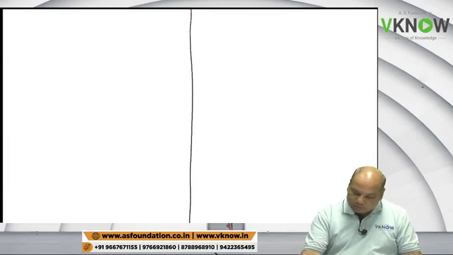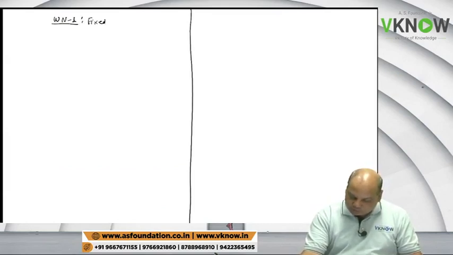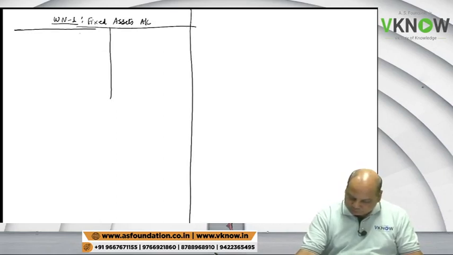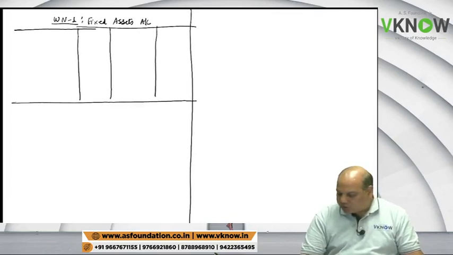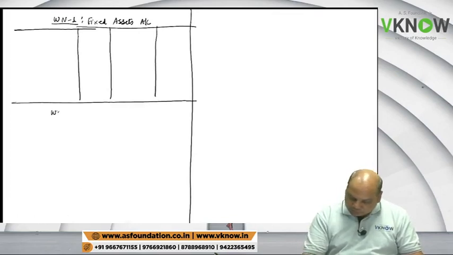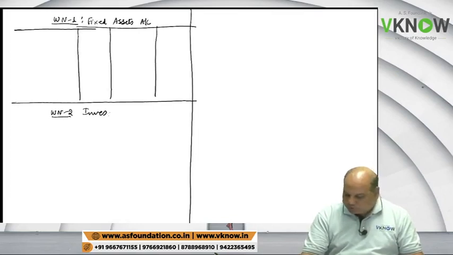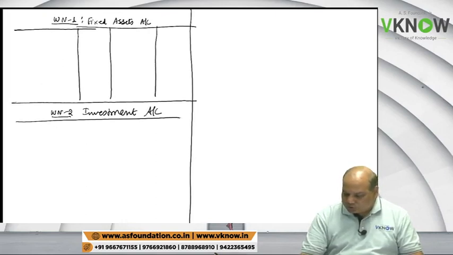We will write two working notes. Working note 1, fixed asset account, about 7 or 8 lines, and working note 2, investment account, about 6 lines.